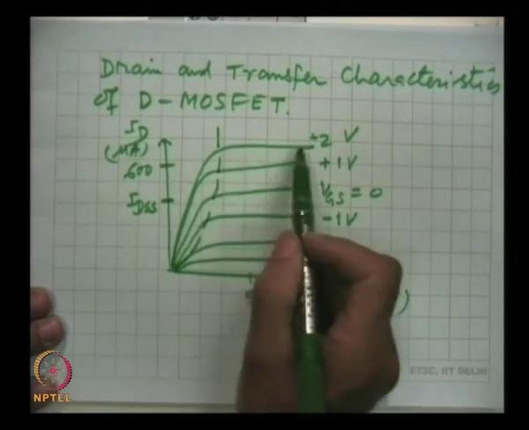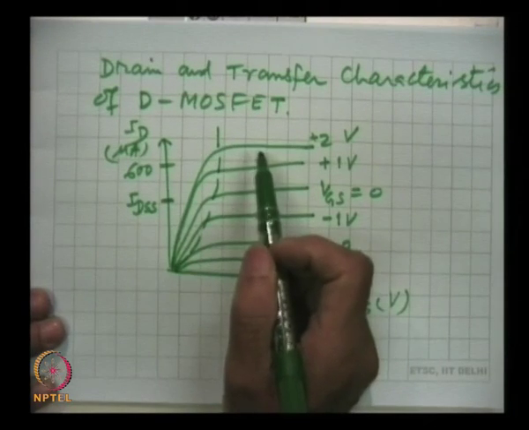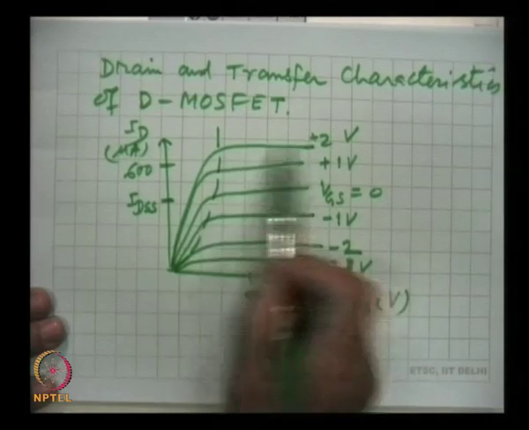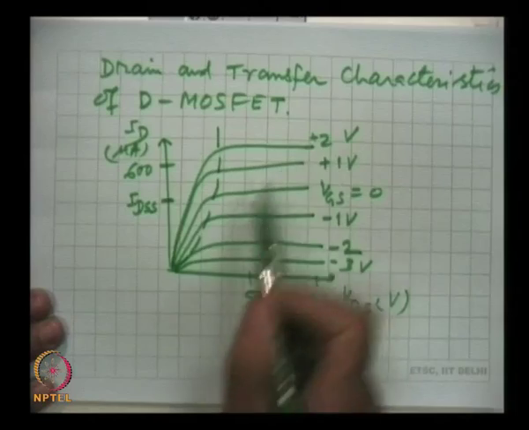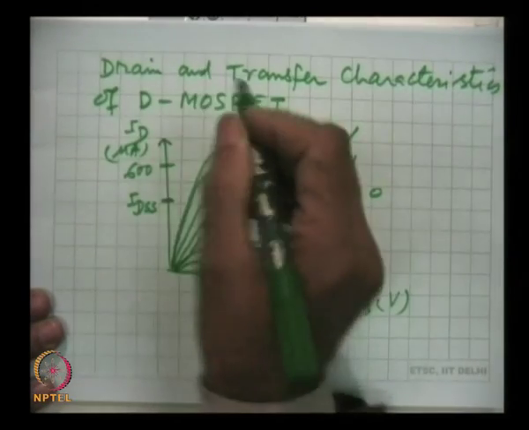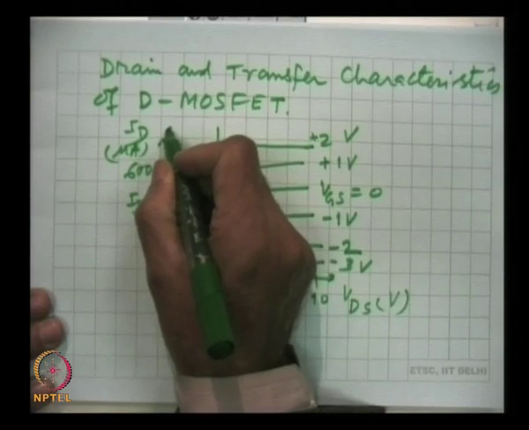Here this independence is not as high as in the case of the junction field effect transistor, where these curves were very horizontal. Here there is a slight angle, as I have tried to draw, and this is the boundary, and this is called ohmic region.